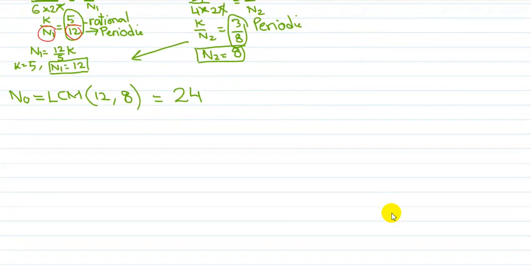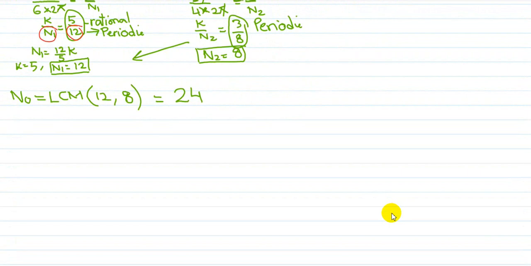Just one small hint here: you should know how I find it. This is one way of finding it; you might have studied another way. So how do we find the LCM? We have 12 and 8. We start dividing by the smaller number. I start with 2, so it will be 6 and 4. Again I can divide by 2, it will become 3 and 2.